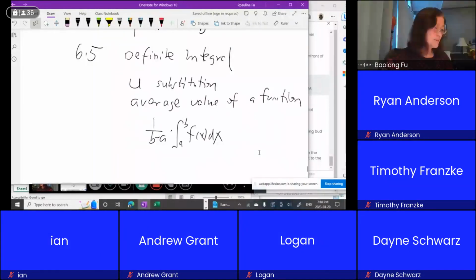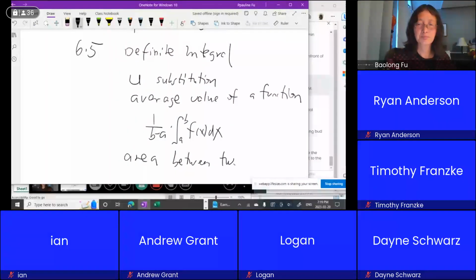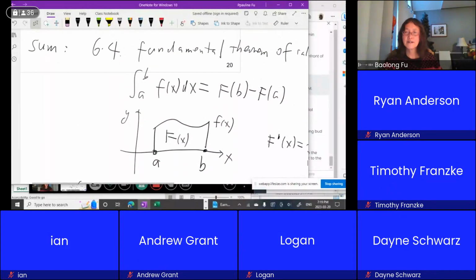And finally, we calculated the area between two functions. So that is what we did today. Any questions?